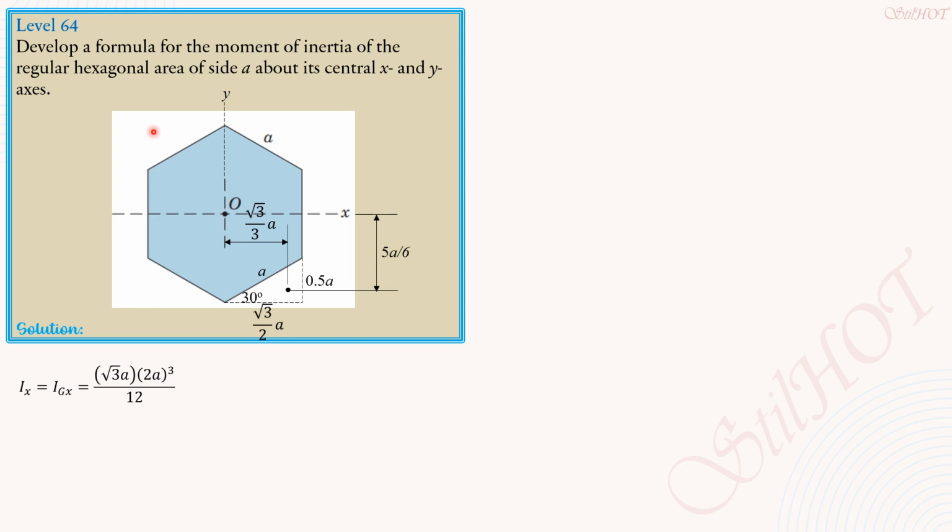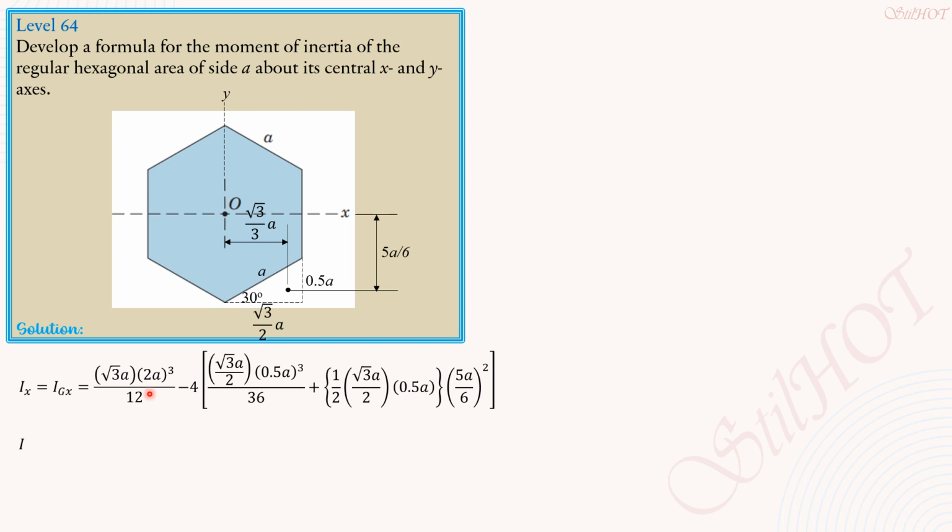Then we will subtract the moment of inertia of this triangle with respect to the x-axis, multiplied by 4. So let's transfer it here: minus 4 times, square root of 3 over 2 a times 0.5a cubed over 36, plus area 1/2 of square root of 3 a over 2 times 0.5a, distance 5/6 a quantity squared.